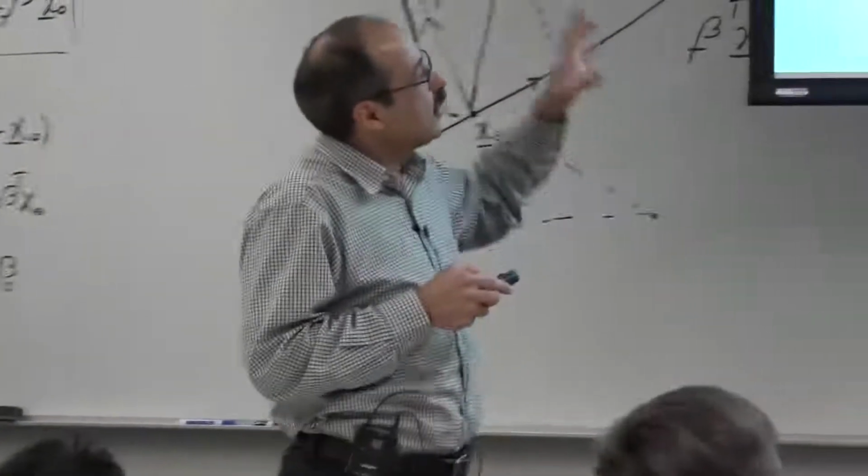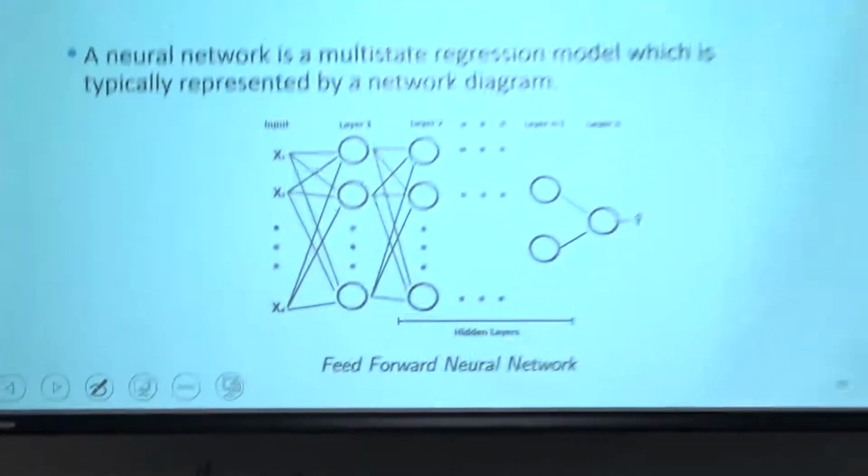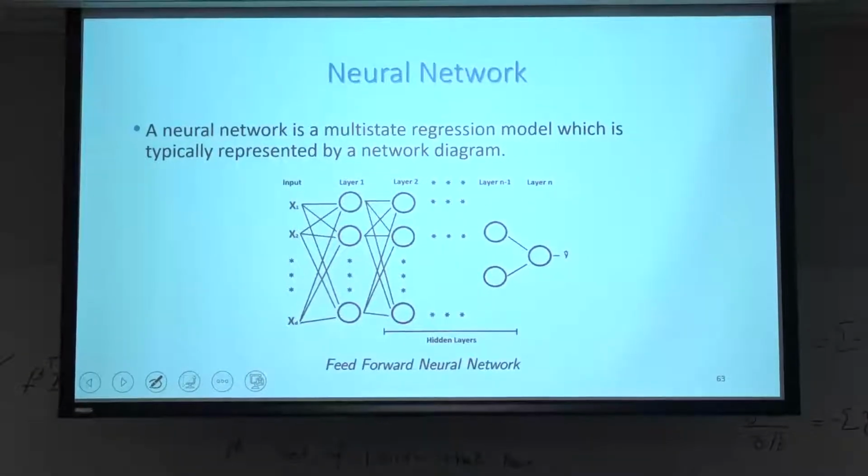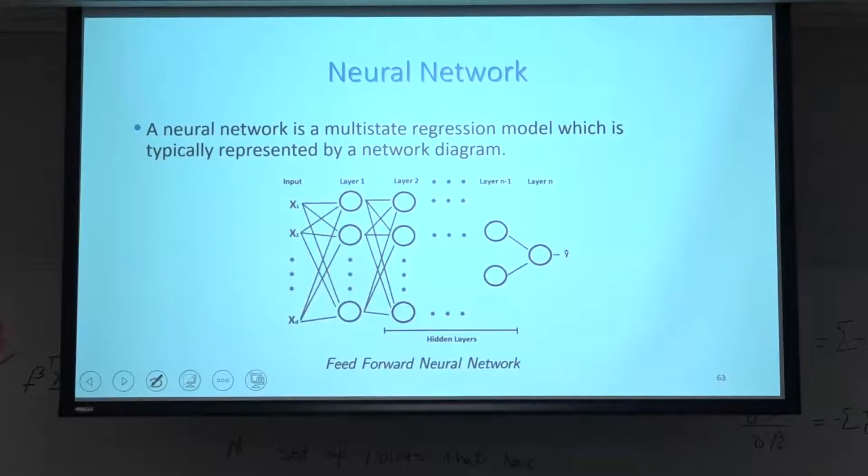So neural network, and feed-forward neural network as I told you, is layers of perceptron. Okay? So instead of one perceptron, I have one layer of perceptron and another layer of perceptron. For one perceptron, I had this input and one output, which could be 0 or 1.